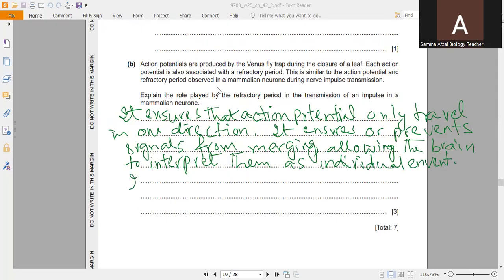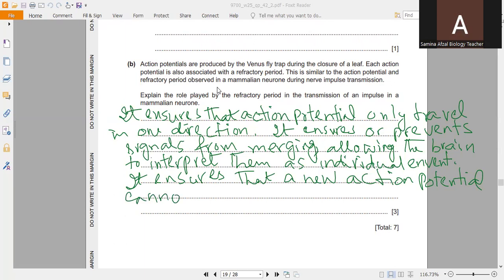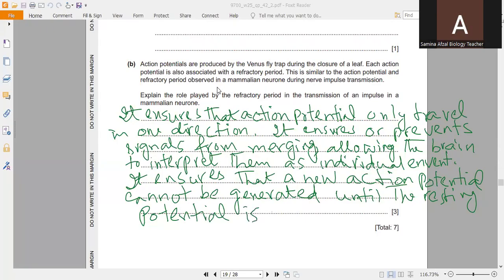Third, it ensures that a new action potential cannot be generated until the resting potential is restored.